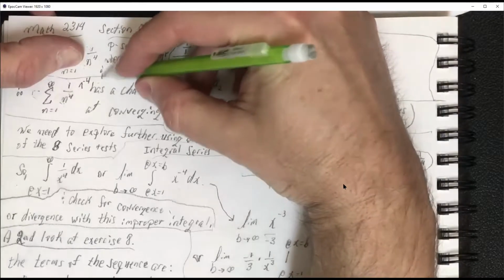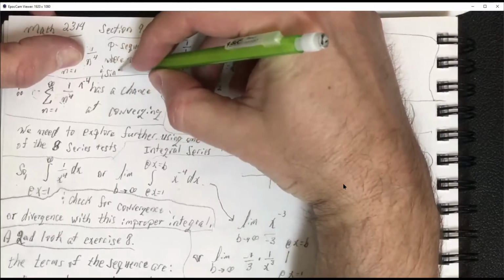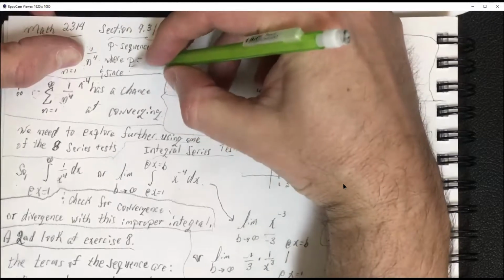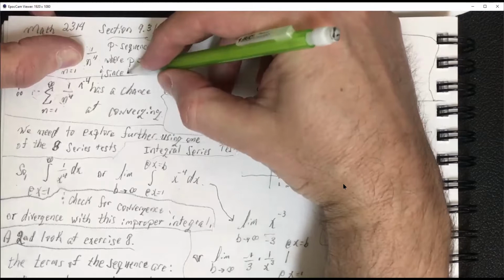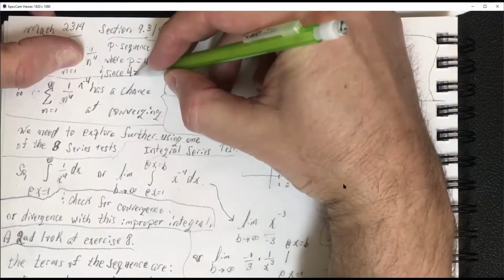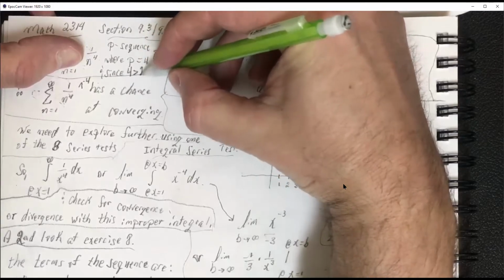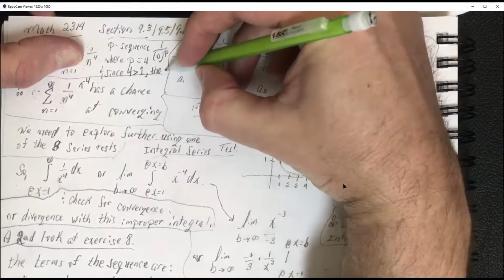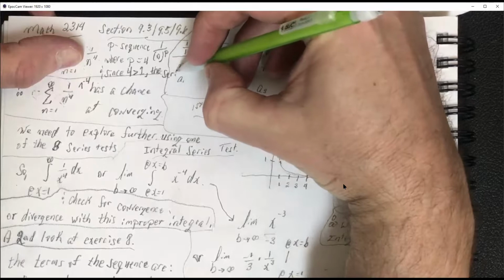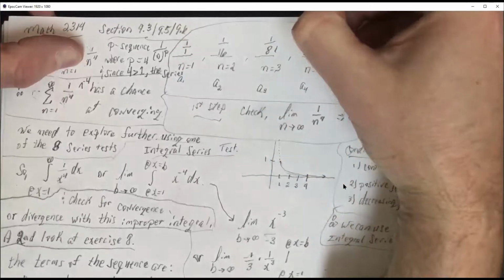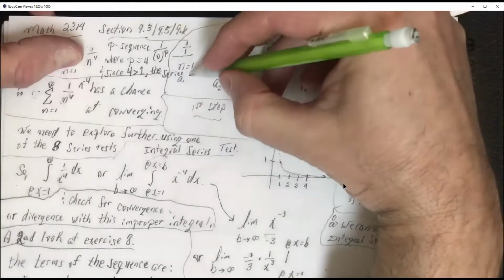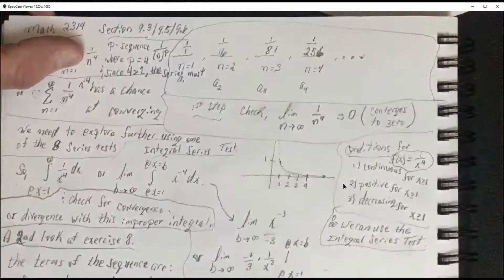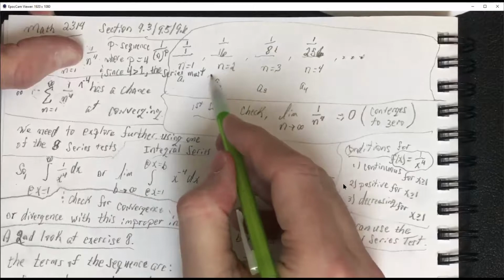And since the power 4 is greater than 1, the series, well, it either must converge or must diverge.